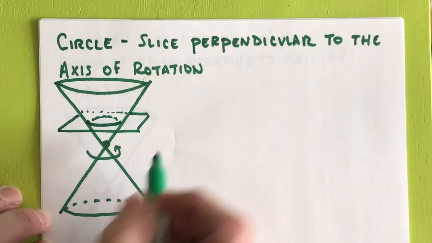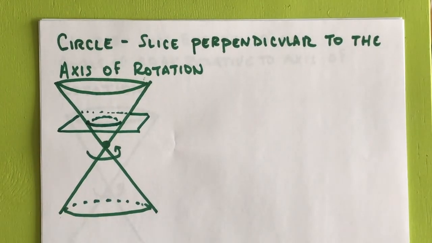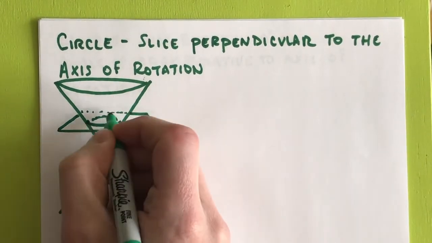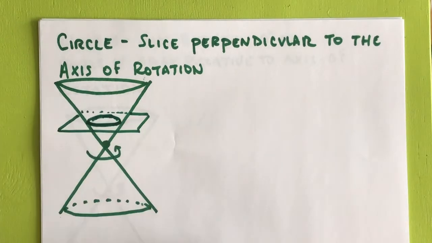Think about the base of a cone itself. So slice through, and that cross section that comes out is going to be a circle. That's our first conic section.